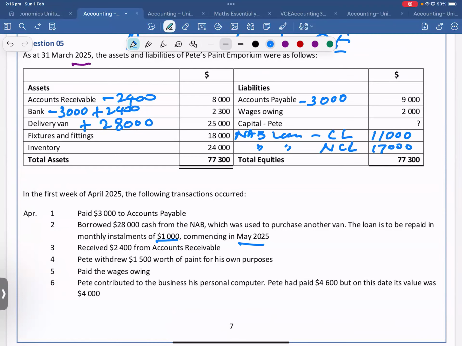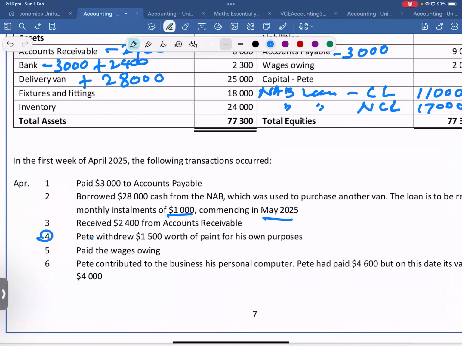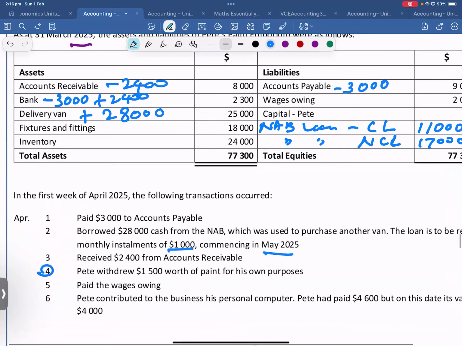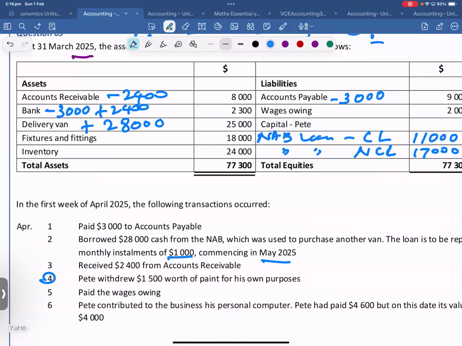Then number 4. Now see, this is an interesting one. Pete withdrew 1,500 worth of paint for his own purposes. Then what will happen? This business is selling what? Paint, yes? So which one would be affecting this 1,500?